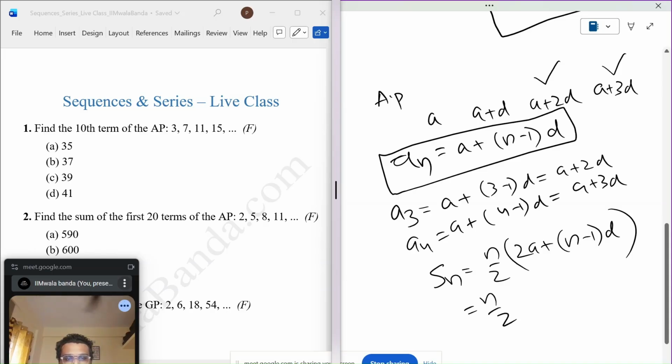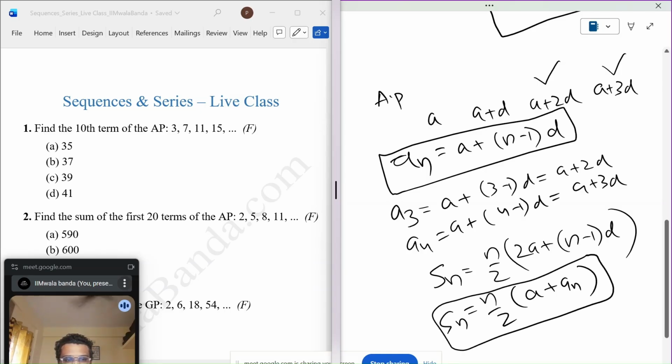Or the basic formula is n by 2 into a plus an. Because if you put an here, this is a plus n minus 1 into d plus a. So this is the second formula that you need to learn. Okay, these two formulas, then you can directly substitute an as a plus n minus 1 into d and get this formula. So we are memorizing these two. Got it?